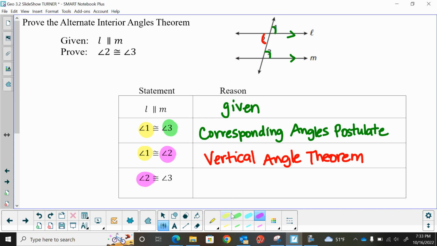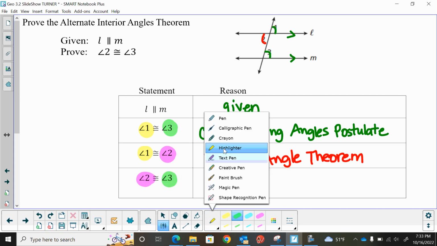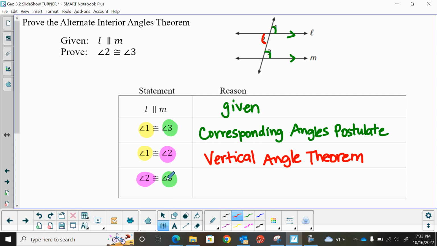So therefore, we can say that angle 2 and angle 3 are congruent. And why is that? That is substitution. So we're taking our corresponding angles 1 and 3, and basically taking out the 1 and swapping in the 2, because 1 and 2 are congruent. So that's substitution. Okay, so there you go.